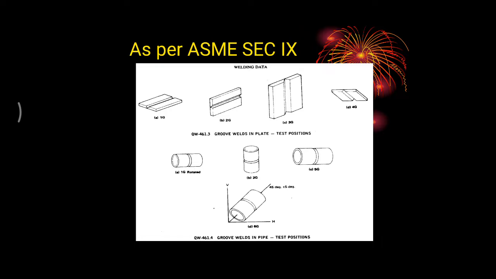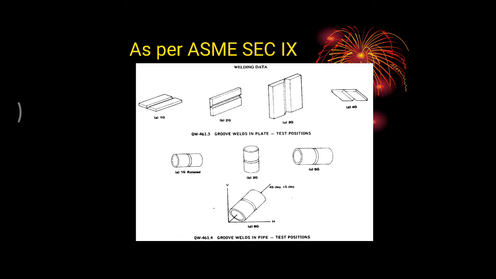As per Section 9 of ASME, the welder has to be a qualified welder, meaning he has to give a practical welding examination by the quality control engineer. A test is given to him, and a certificate is issued to him that he is a certified welder. Only after that can he work in industry.